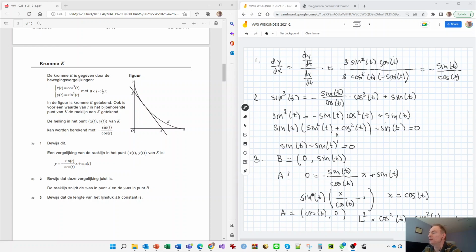So what happens if sine of t is 0? Well, then our y is 0, of course. And then our x is... that means that t is equal to 0 in this interval, which means that x is equal to 1.